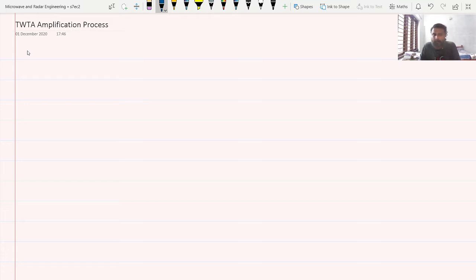Normally the slow wave structure of the helix is characterized by the Brillouin diagram, which we have already discussed in the last video lecture.